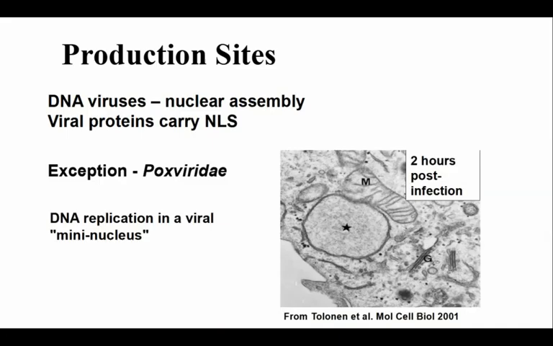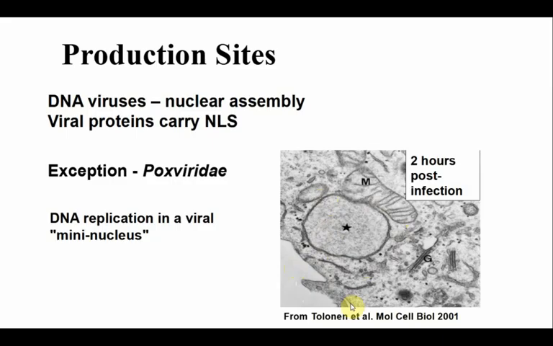So all DNA viruses do this, except for the large DNA viruses that replicate in the cytoplasm. However, having double-stranded DNA directly in contact with the cytoplasm is going to alert the cell that it's been infected by a virus. So these large DNA viruses replicating in the cytoplasm sequester their DNA replication in a kind of mini nucleus that the virus produces inside the infected cell.